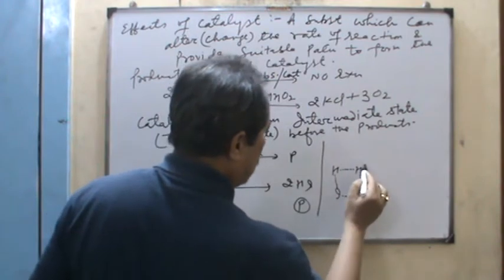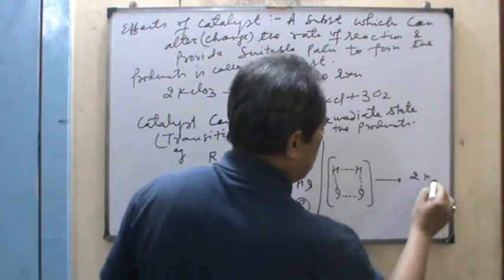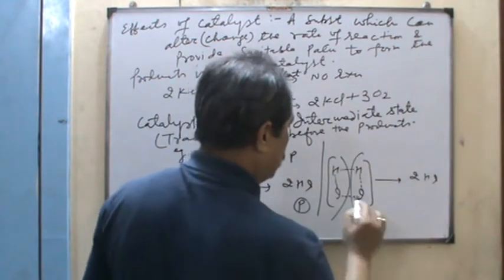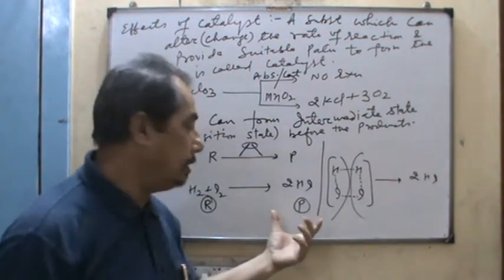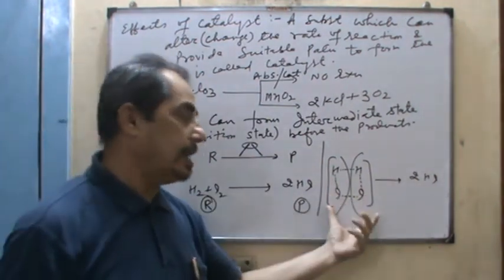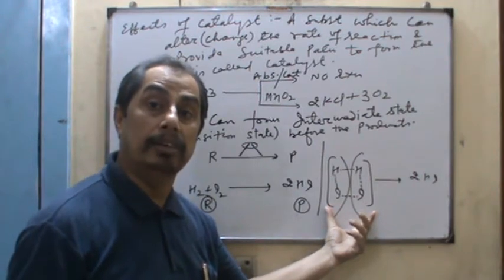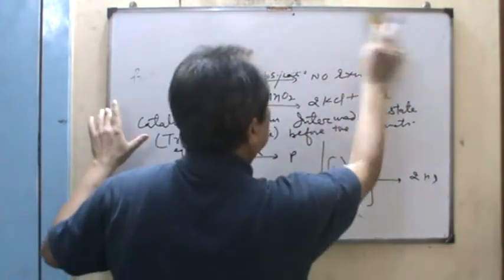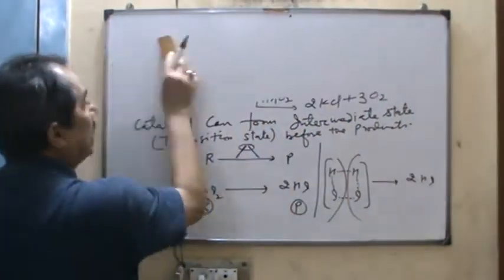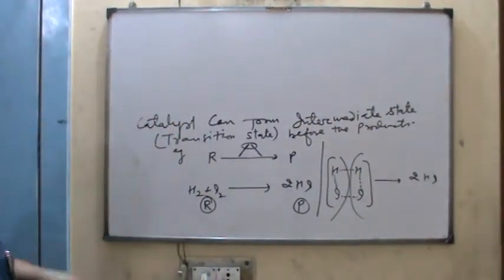It is in fact an intermediate stage, and finally HI is formed, products are formed. So in between reactant and products there is an intermediate which accelerates the rate of reaction. That is why we can plot a graph through which we can understand the impact of catalyst on the rate of reaction.